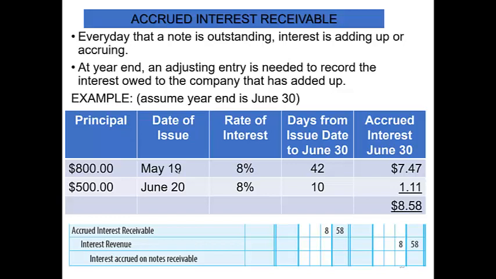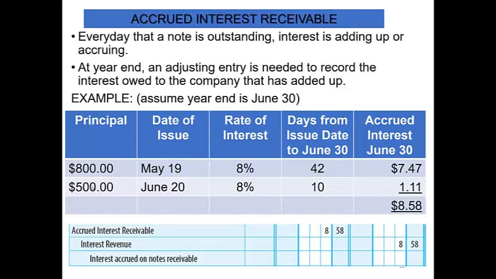So if we calculate the number of days from May 19th to June 30th, May has 31 days and 19 have passed, so we have 12 more days in May and then 30 days in June. So that comes up to 42 days. So we just calculate the interest on this $800 for 42 days. 800 at 8% times 42 divided by 360 will give us interest of $7.47.